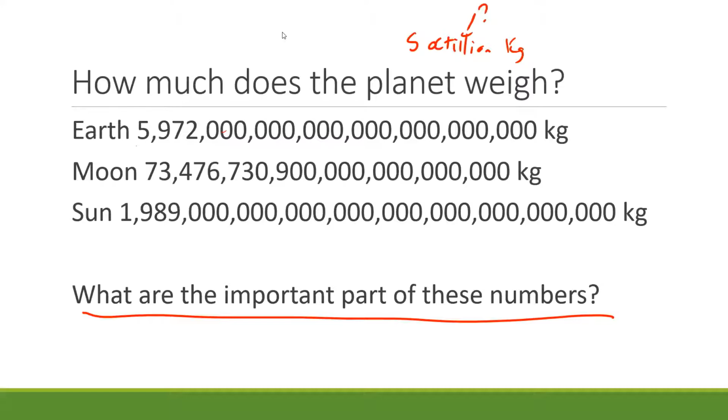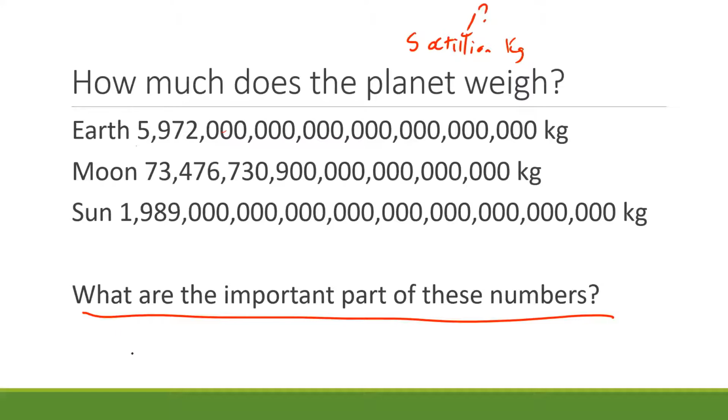If I asked you to memorize that top number, what would you do? Make it shorter. How? What is important about the top number? What would you do to memorize it? Look at how many zeros there are. Thank you to GLR. That's exactly what I was looking for.